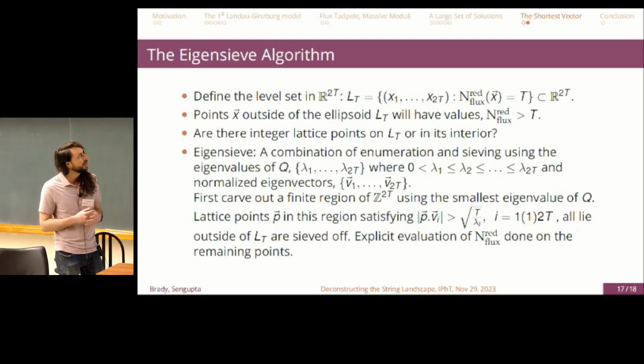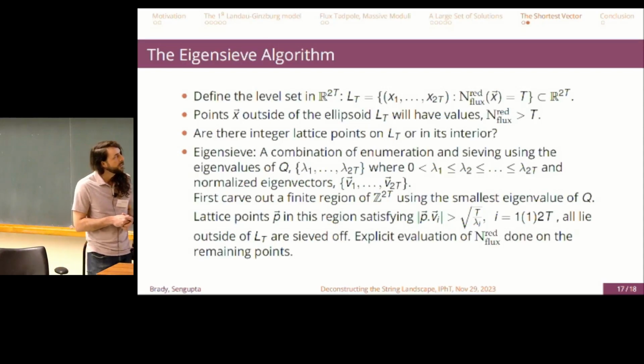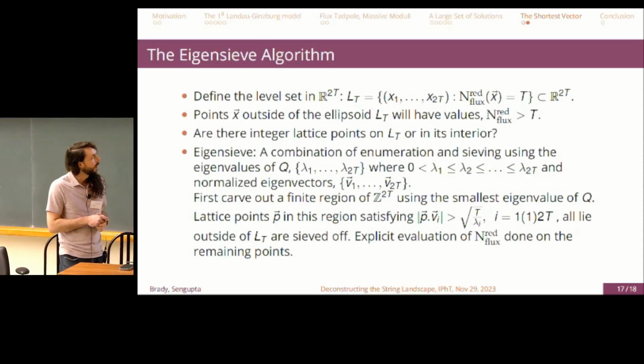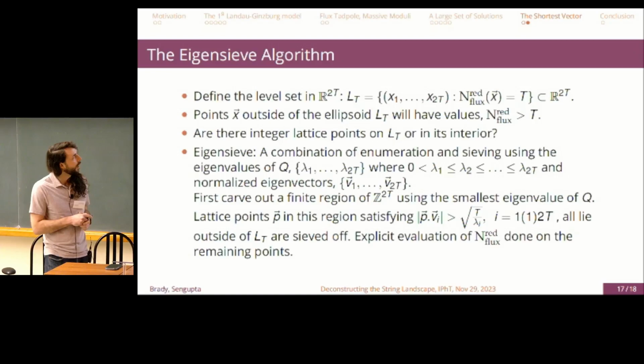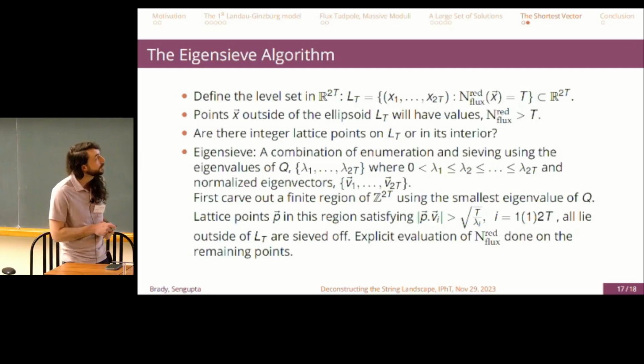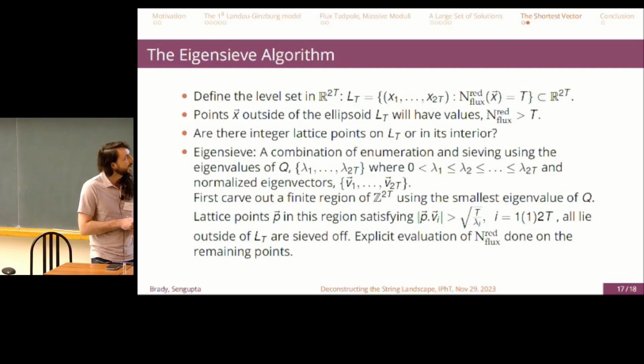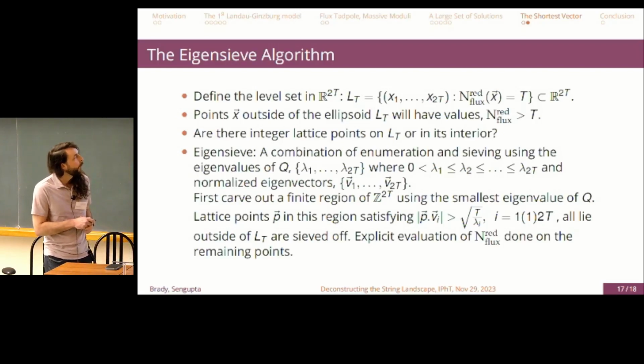Lattice points in this region for which the magnitude of the point dotted with the corresponding eigenvector is larger than the square root of the fixed flux tadpole value, which we set to 7, divided by the associated eigenvalue of that eigenvector: if a point satisfies this relationship, we sieve it off.